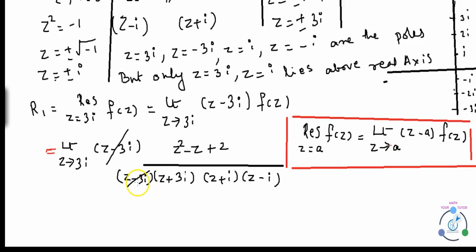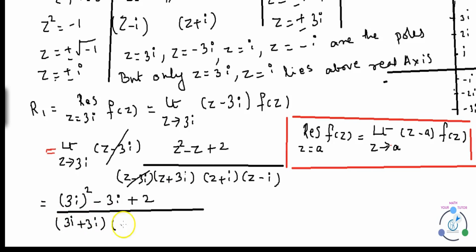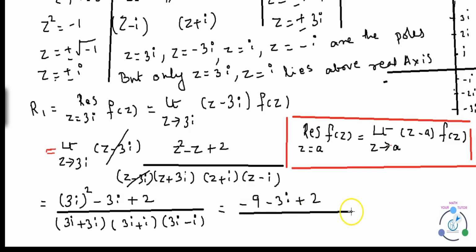Cancelling the z minus 3i terms and substituting z is equal to 3i in the remaining terms: z square becomes (3i) whole square, z becomes 3i, z plus 3i becomes 3i plus 3i, z plus i becomes 3i plus i, and z minus i becomes 3i minus i. (3i) whole square is minus 9, so minus 9 minus 3i plus 2, divided by 3i plus 3i which is 6i, 3i plus i which is 4i, and 3i minus i which is 2i.